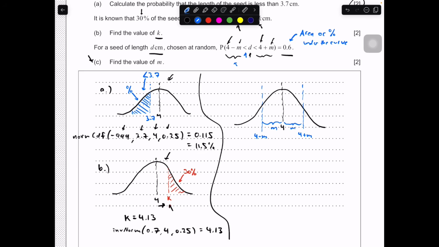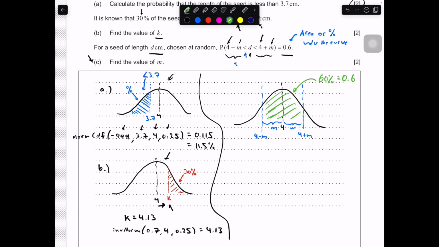So what that means is we're dealing with 60% or 0.6 of this standard normal curve.